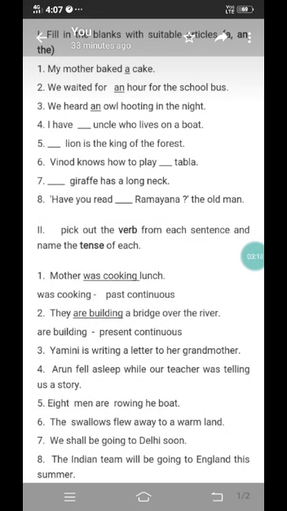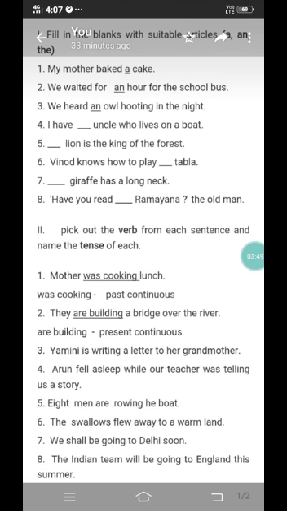Like the is used before the nouns, like if the noun is a well-known statue or building or places or any musical instruments or any title of the books, etc. Right? So here Vinod knows how to play dash tabla. So tabla is an instrument. So check which article you need to write there.